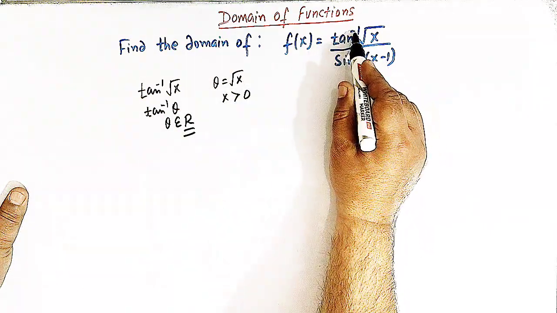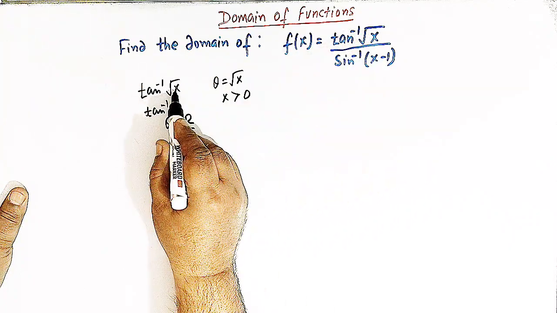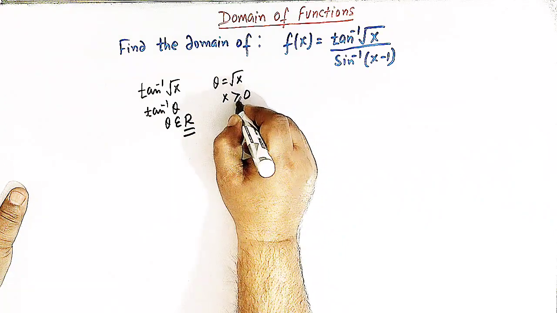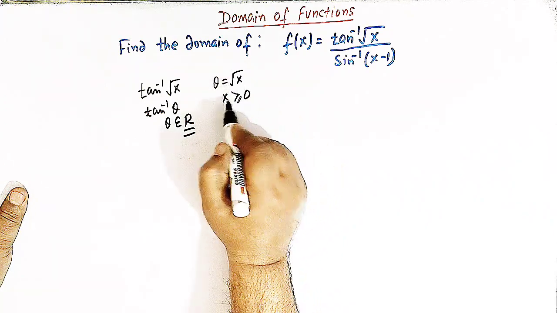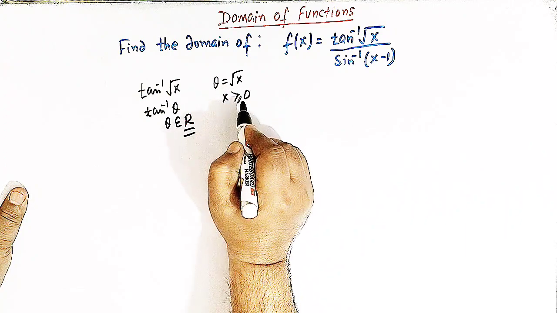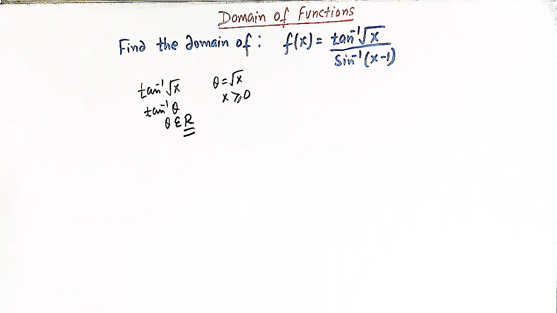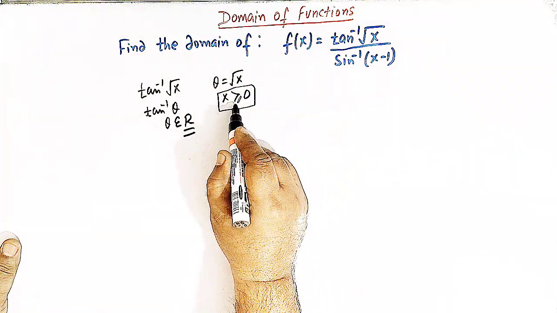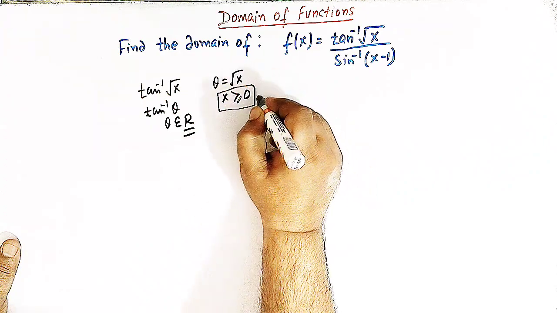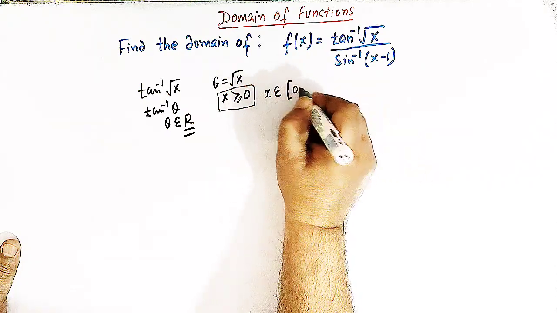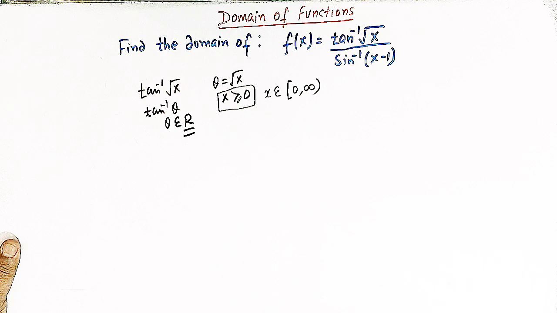So here the domain of tan inverse square root of x is x greater than or equal to 0, right? So here x can take all the positive real numbers, including x is equal to 0. So the domain of tan inverse square root of x is given by x greater than or equal to 0, which can also be written as x belonging to the set that is 0 to infinity, right?